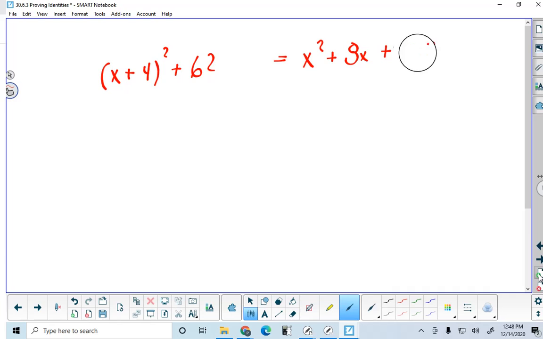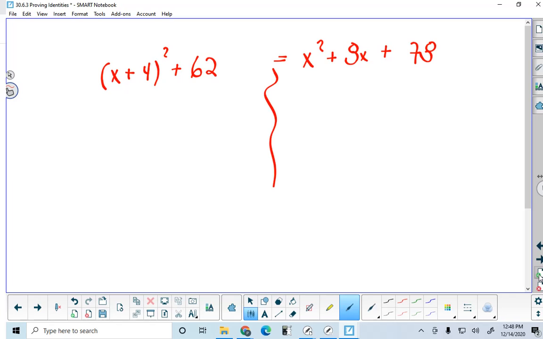I'm probably wrong on the numbers. And what we did was we put in different values of x on the left-hand side, and we discovered that when you put those same values of x in on the right-hand side, you got the exact same answer.